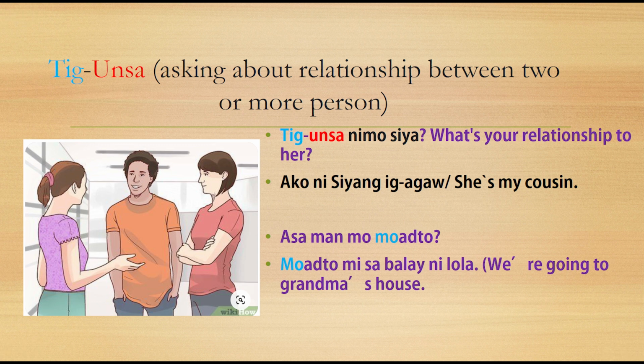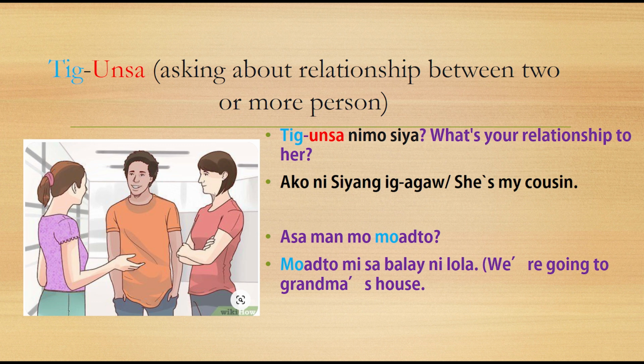Okay. Let's move on to tigunsa. So tigunsa, this is asking about the relationship between two or more persons. So for example here we have tigunsa mo niya. What's your relationship to her? Tigunsa. Okay? This is asking about your relationship to someone.